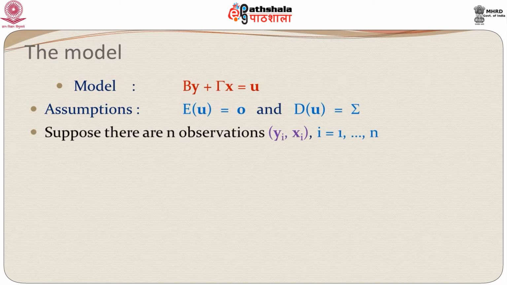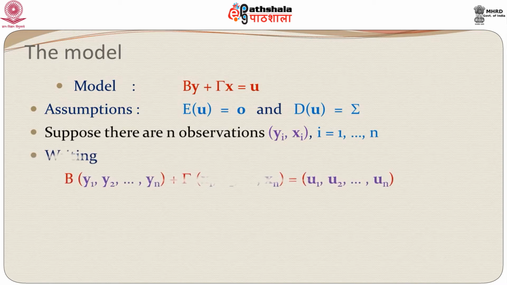Remember that (y_i, x_i) would be a vector of dimension G plus K, because there would be G endogenous variables for each observation and K exogenous variables for each of them. So, taking the endogenous and exogenous variables for each of the observations, we have G plus K elements for each observation.